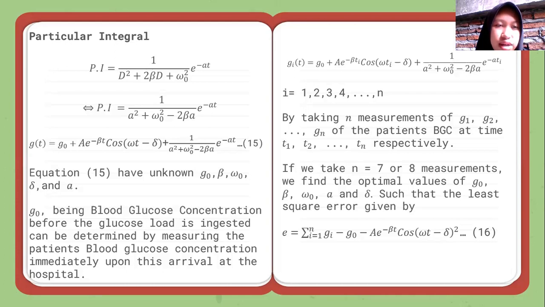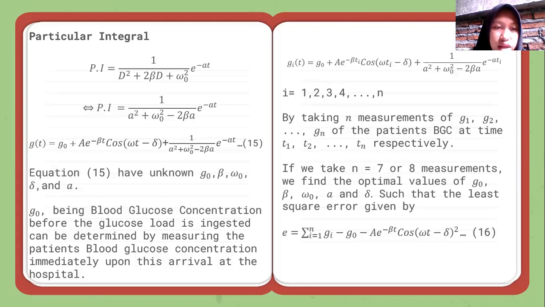So we get 1 over (alpha square plus omega 0 square minus 2 beta alpha) times e to the power minus alpha t. And G(t) equals G0 plus A e to the power minus beta t cos(omega t minus delta) plus 1 over (alpha square plus omega 0 square minus 2 beta alpha) e to the power minus alpha t. This is equation 15.